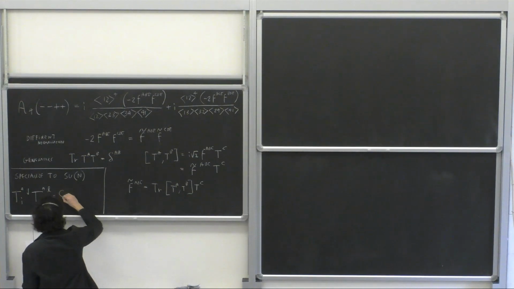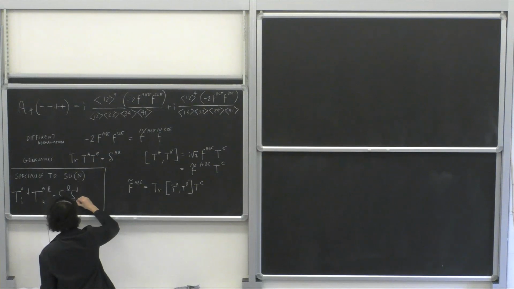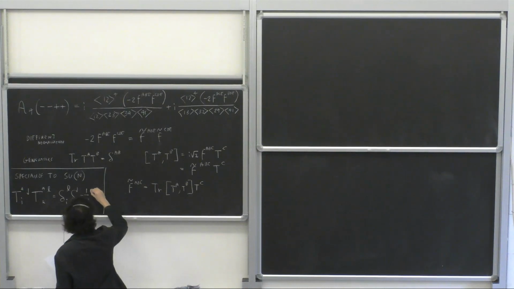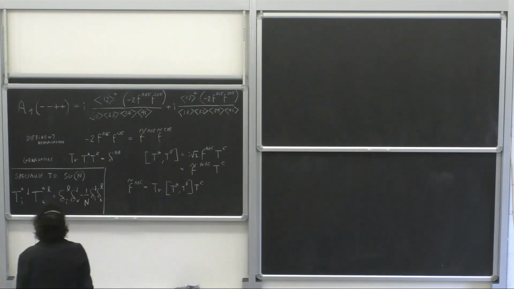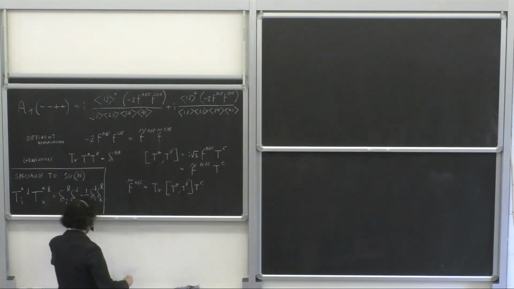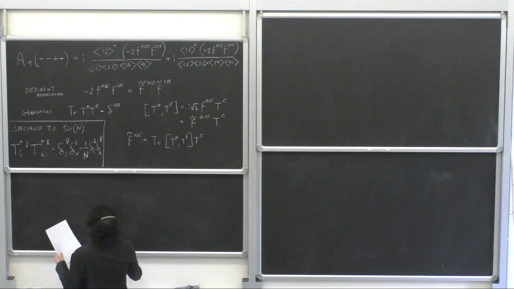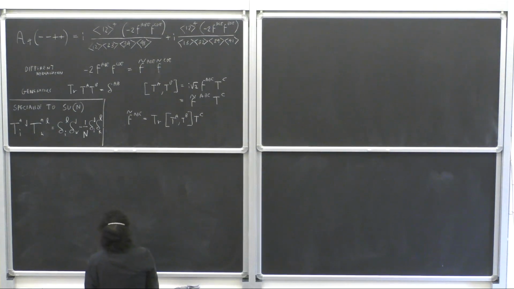There's a completeness relation, which is delta_{il} delta_{jk}, and then minus 1 over N, N being the number of colors, and the job of this term, of course, is to make this manifestly traceless. Concretely, with a choice of SU(N), I'm going to have that my representation matrices are traceless Hermitian generators.